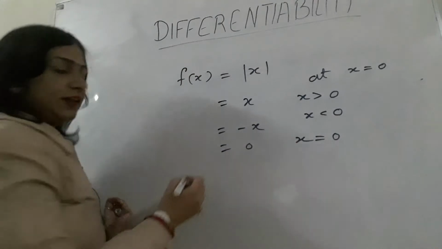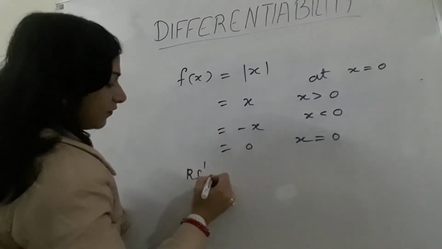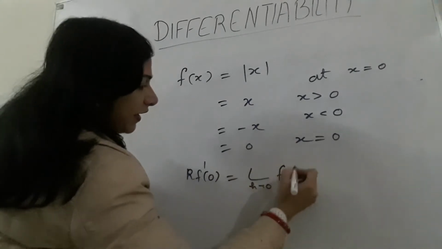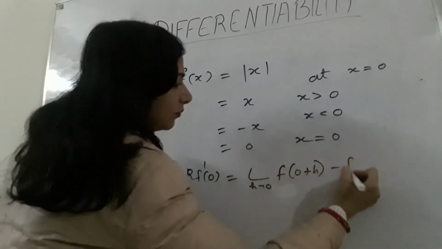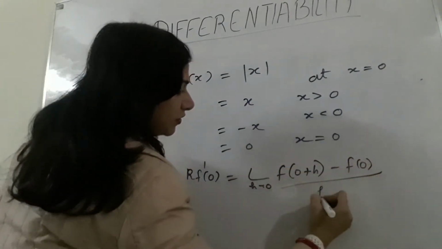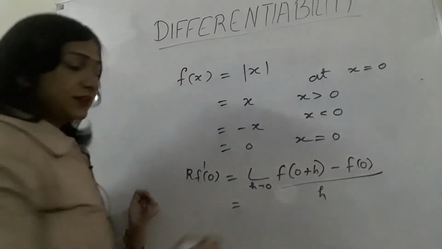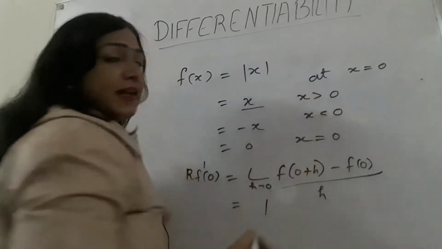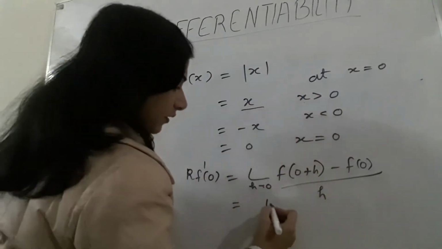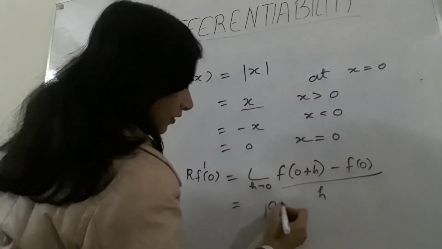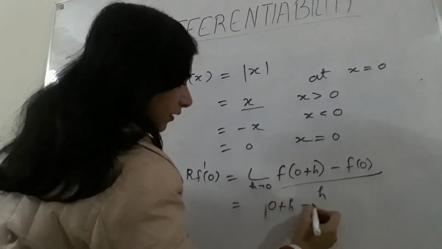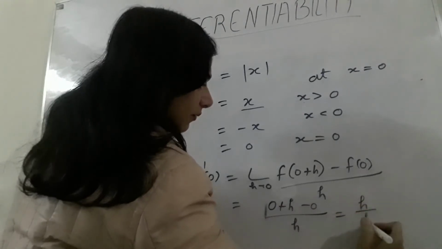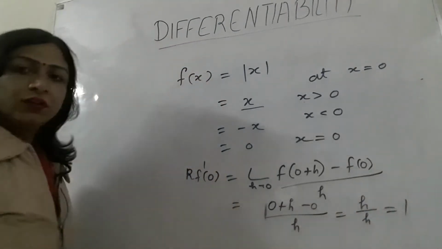Now we will find its right hand derivative. Rf dash 0 is equal to limit h tends to 0 of f of 0 plus h minus f of 0 upon h. That is mod 0 plus h, meaning when x is greater than 0, so it becomes 0 plus h minus 0 upon h, that is h upon h, which is equal to 1.